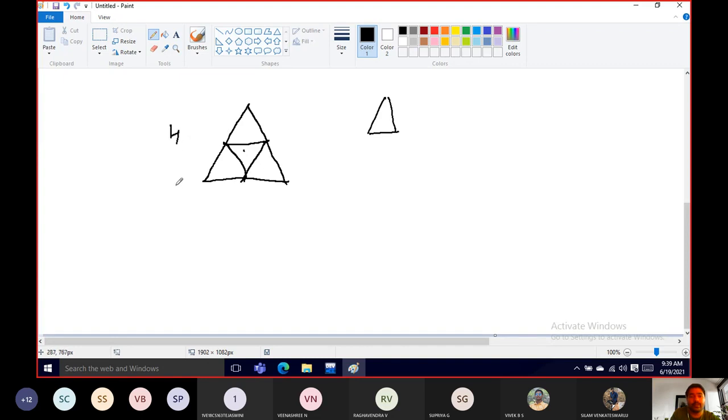Similarly, if I go for another division, take these midpoints and join them, not only for this side but also for this side, and similarly join over here too. So this is the second division. Right? I'll tell you again, the first division is, oh, sorry.